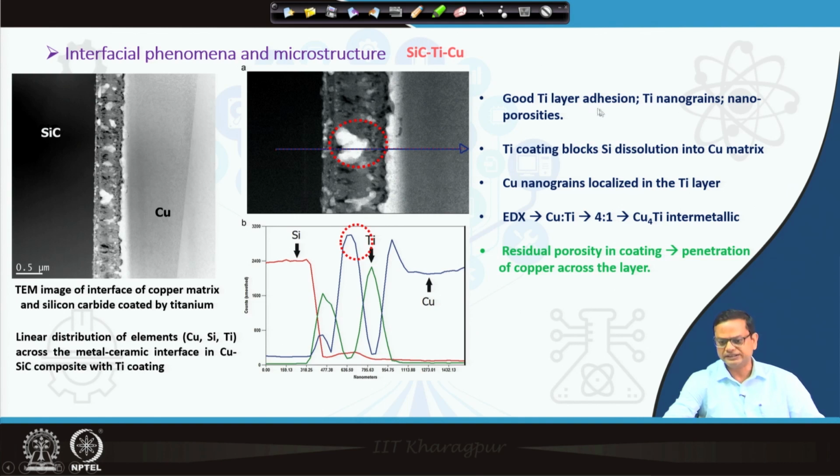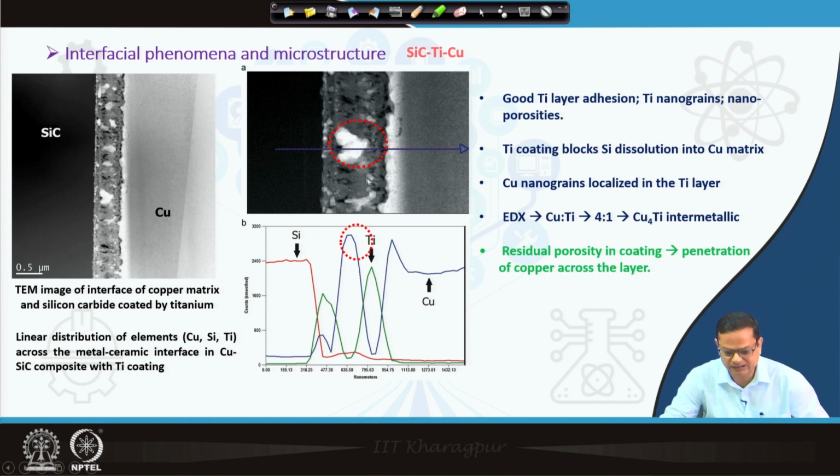So, there is good titanium layer adhesion on SiC, and you can also see these black spots. These black spots are nothing but porosity in the titanium layer, and you can also see these small white particles.